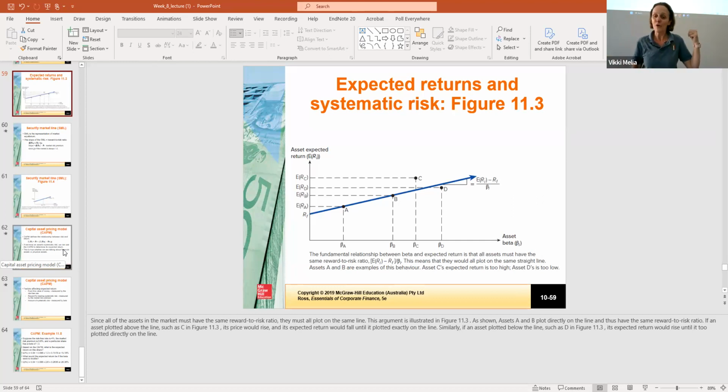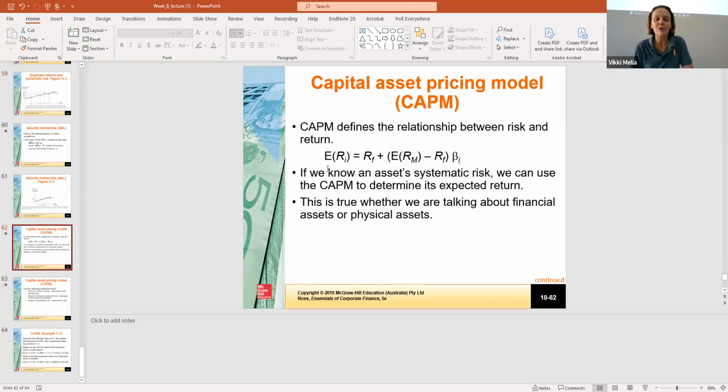We already know as beta gets higher, the expected return gets higher as well. But it's been brought together in an equation form that we use often in finance, called the capital asset pricing model.